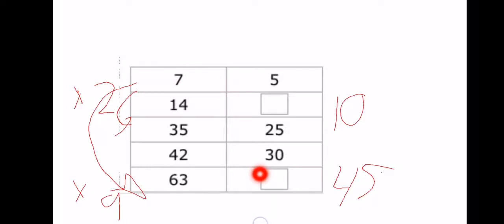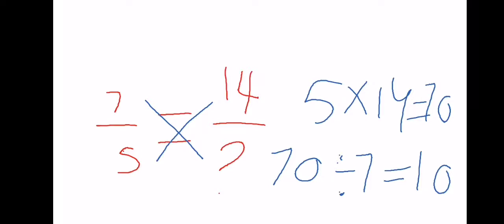The second way, I can use cross multiplication. How? 7 to 5 is equal to 14 to something. Yes, let's write them. 7 to 5 equal to 14 to something I don't know, an unknown. How can I get the missing one?